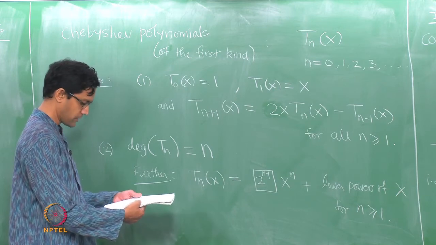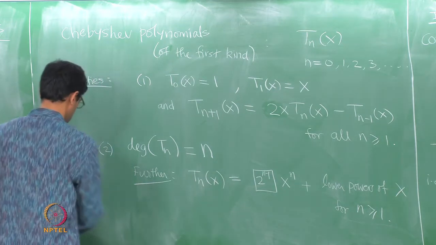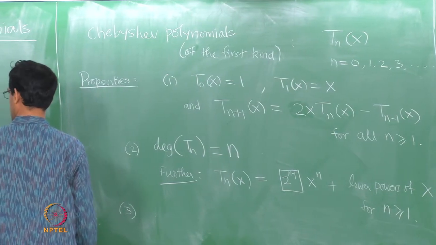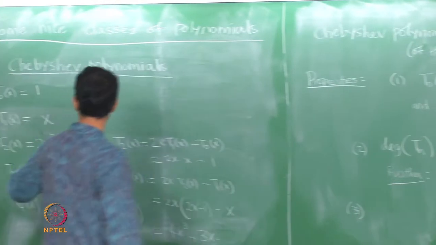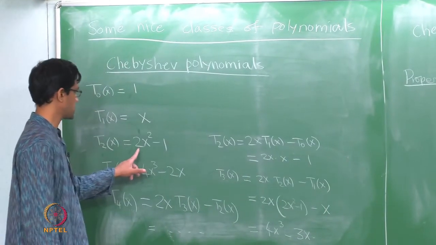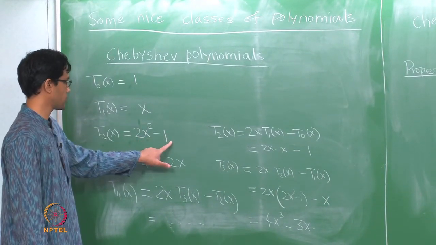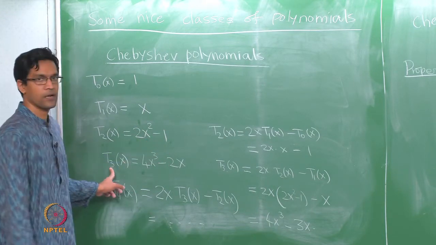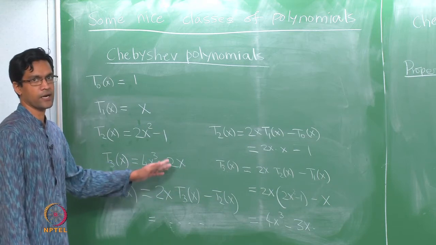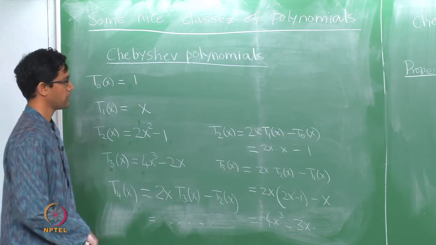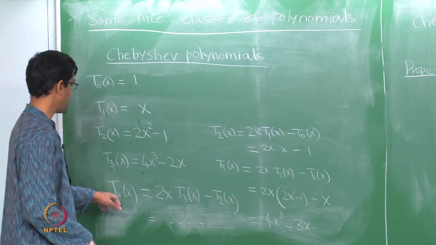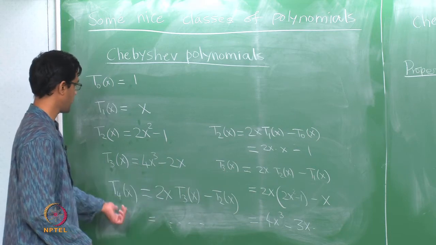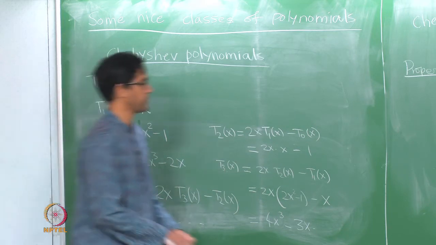And another property one notices from just the table is that Tn of x only contains, for instance, T2 only has x squared and the constant term, it does not have an x term. Similarly, T3 has x cubed and x, it does not contain x squared or a constant. In other words, if n is even, Tn will only contain even powers of x, and if n is odd, it only contains odd powers of x. Okay.